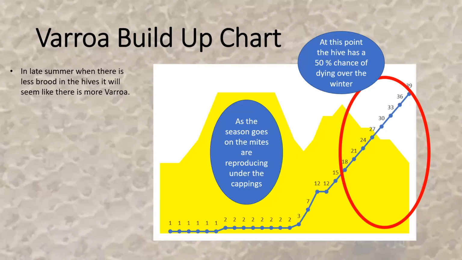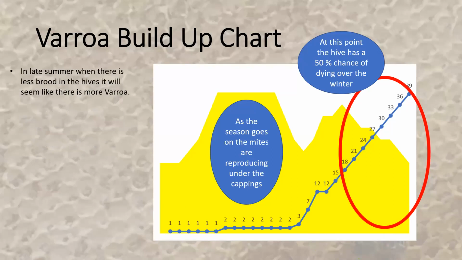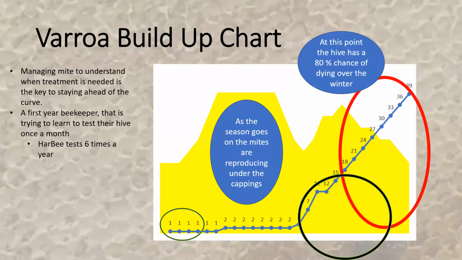This is an extreme case where your bees probably are not making it through the winter. I think in the next slide, I changed that 50% chance of dying over winter to 80% because it's much more the case that your bees are probably not going to make it.